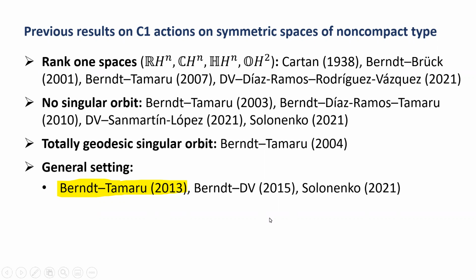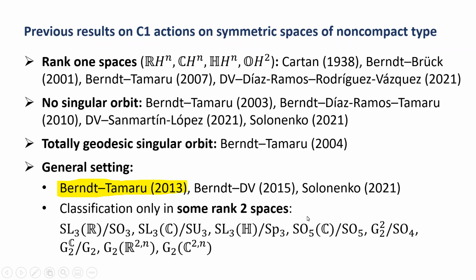Then these methods were revisited in these other two papers, and as a consequence of all these results, we have, apart from the classification in the rank 1 symmetric spaces, also classifications in some rank 2 symmetric spaces. This is not the whole list of rank 2 spaces, but just some of them. But we don't know any complete classification in any space of rank 3, 4, or higher. This is one of the issues we wanted to address.